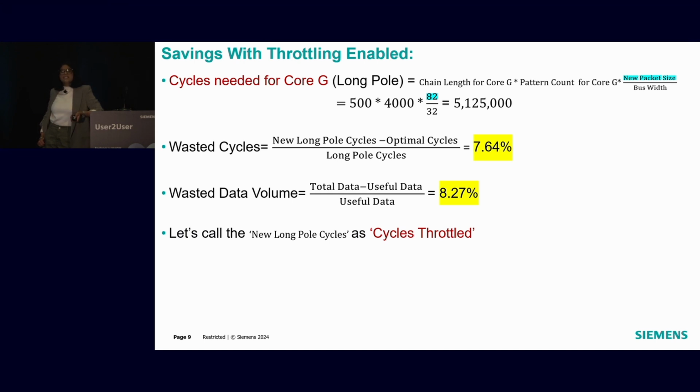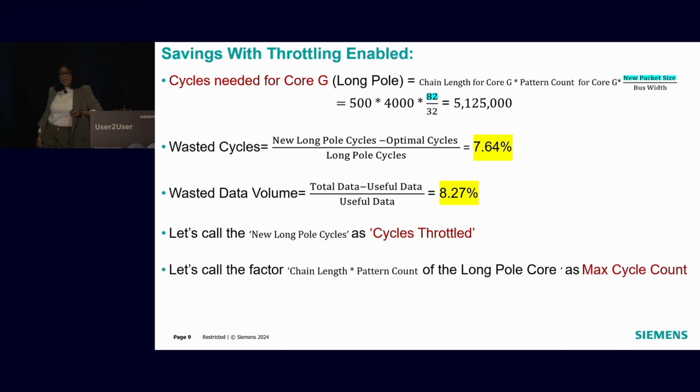So now let's call these new long pole cycles, I'm not going to be using the term long pole cycles long term, I'm going to be calling it cycles throttled, right? Because this is a result of throttling. So throttling gets its name attached to the max cycles. It becomes cycles throttled. And now I'm also going to be calling the factor chain length times pattern count the max cycle count, right?